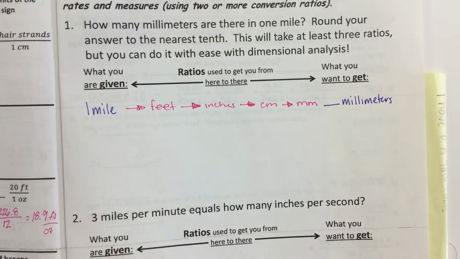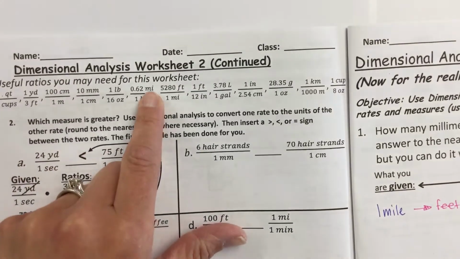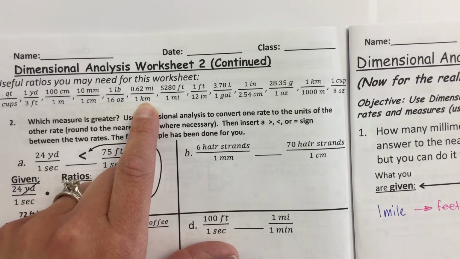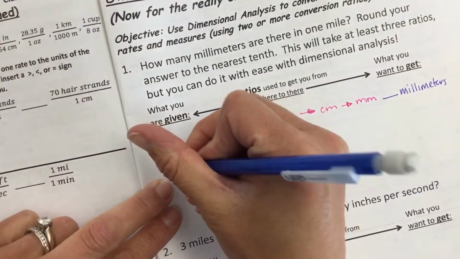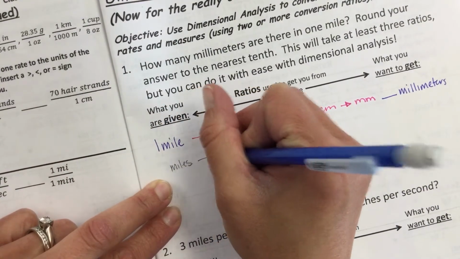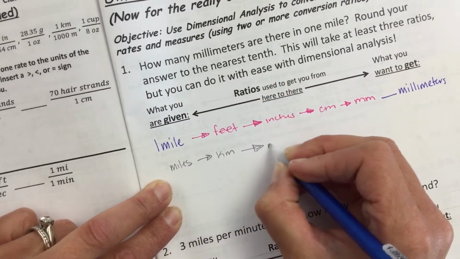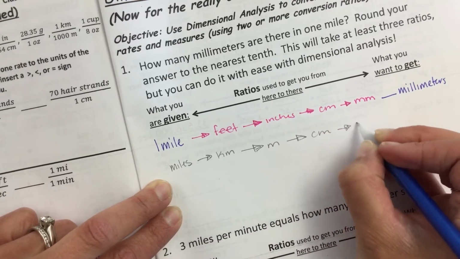Now, I'm going to say one other thing because notice here, we could have switched over to the metric unit right away. We could have gone from miles to kilometers. So I'm going to just write this one out too, kind of as an alternative. So we could have gone from miles to kilometers, kilometers to meters, meters to centimeters, and centimeters to millimeters.